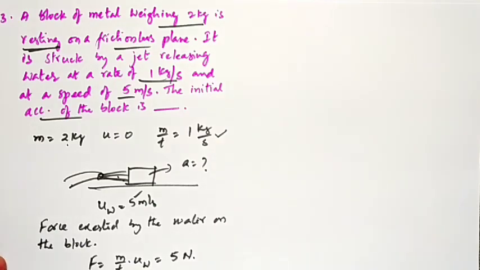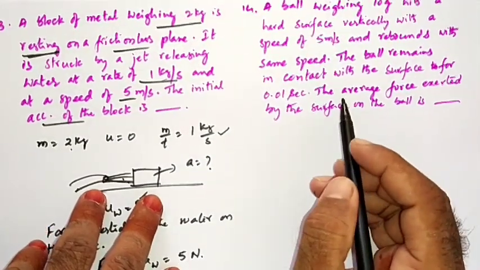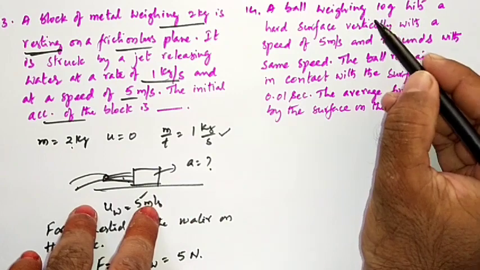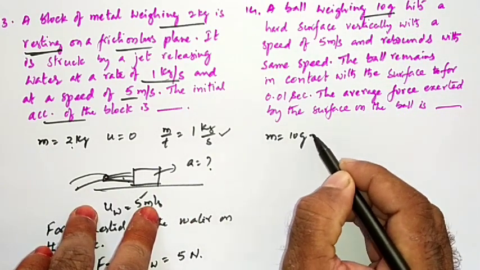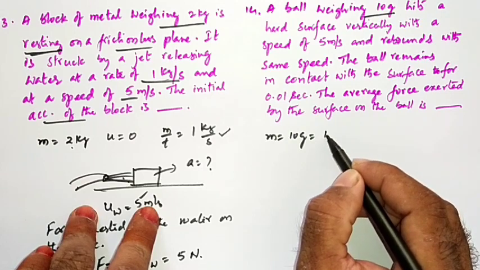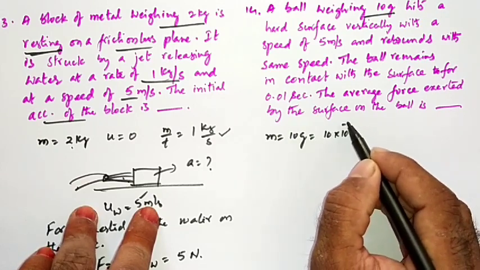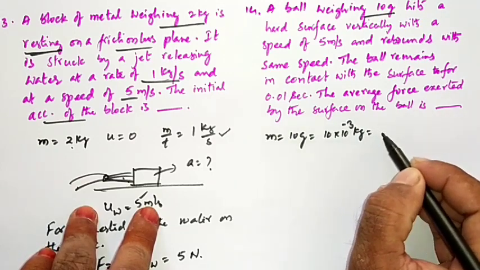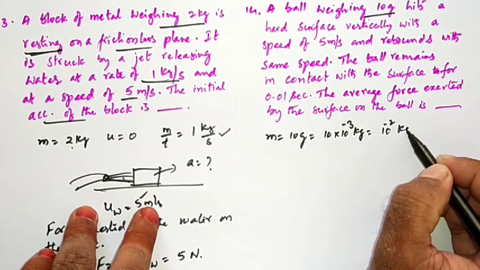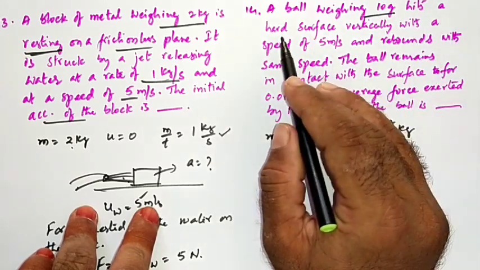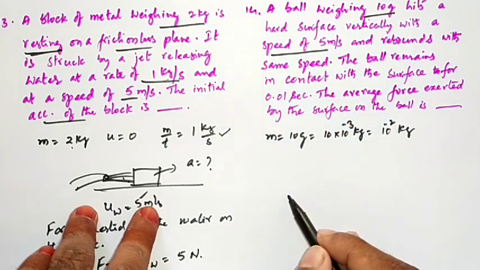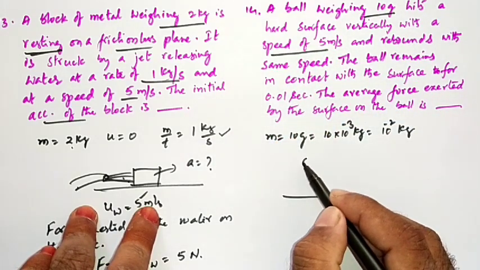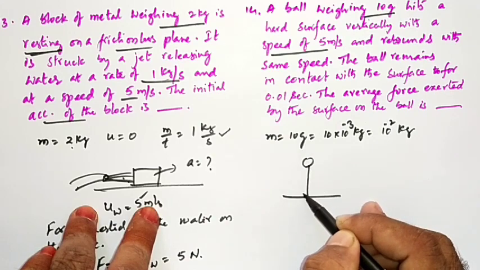Next, see another model. A ball weighing 10 grams. So the mass is 10 grams, or you can write that as 10 into 10 power minus 3 kg, or simply 10 power minus 2 kg. It hits a surface vertically with a speed of 5 meters per second. So let us take this as a surface. This is the ball hitting this surface vertically.